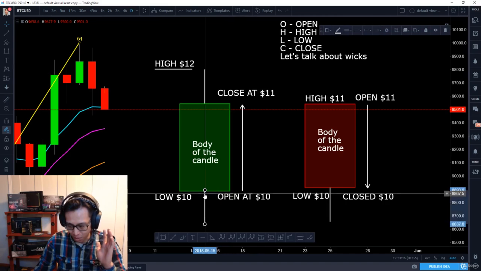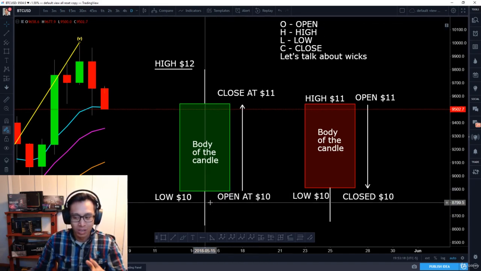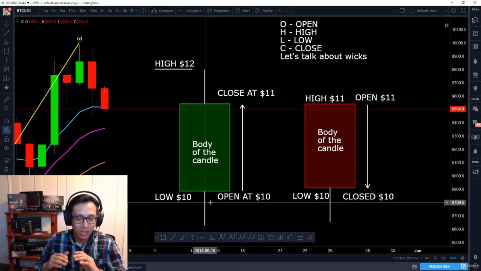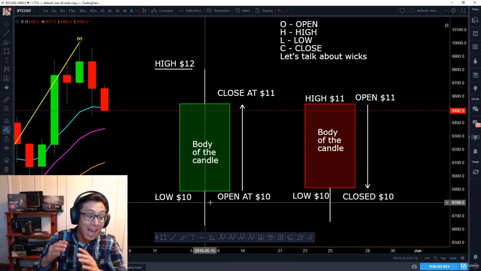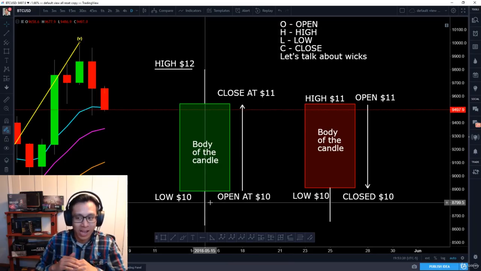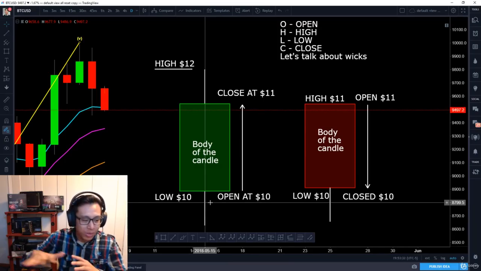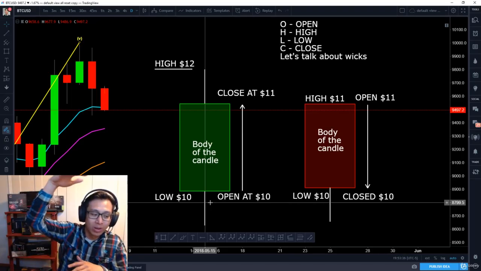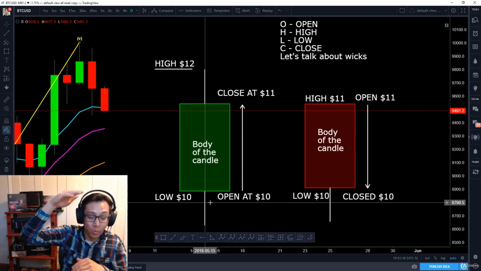So the open of the candle is always where the body begins, okay? And the close of the candle is always where the body ends, right? And the high of the candle, of the whole thing, refers to how high that entire candle got, including the wick.